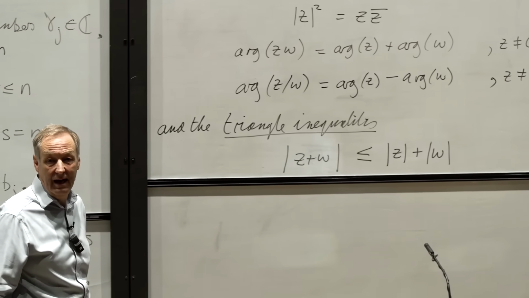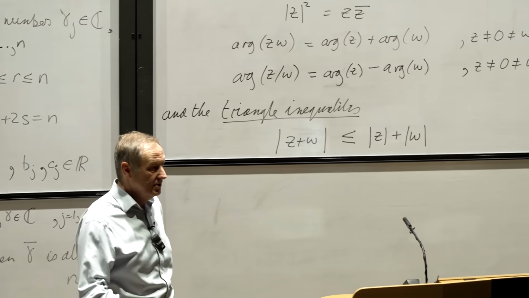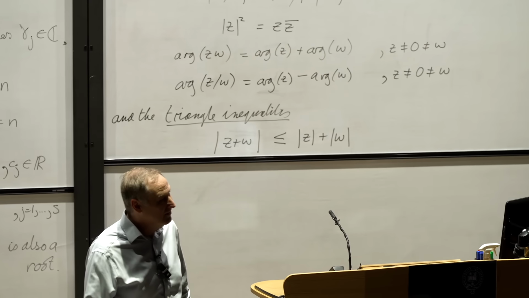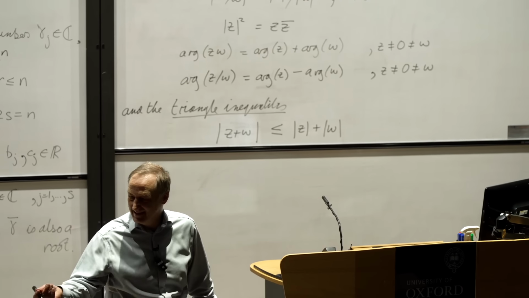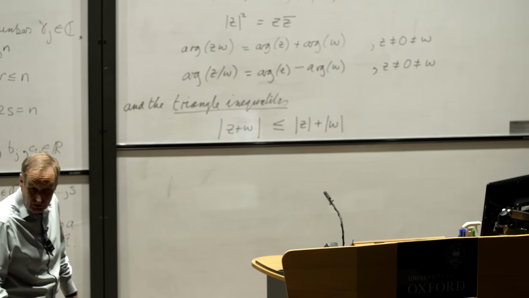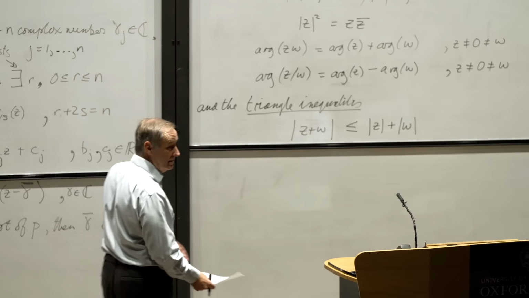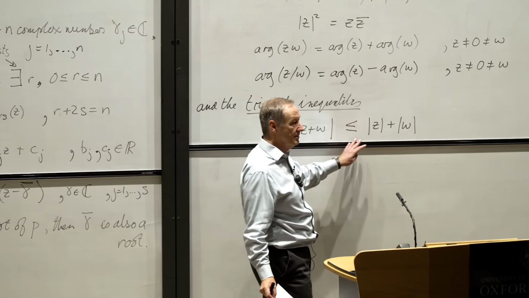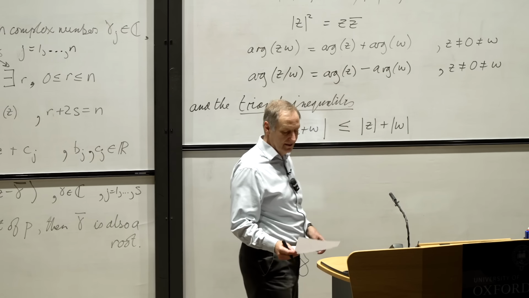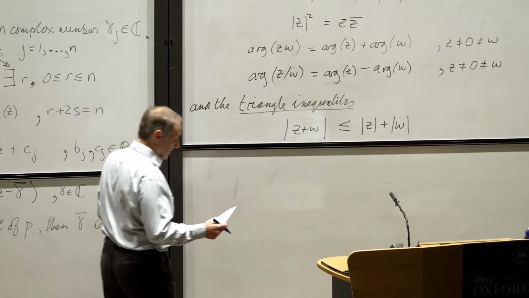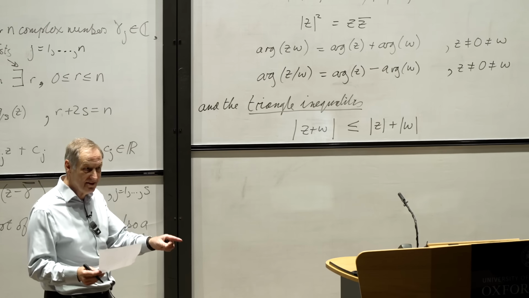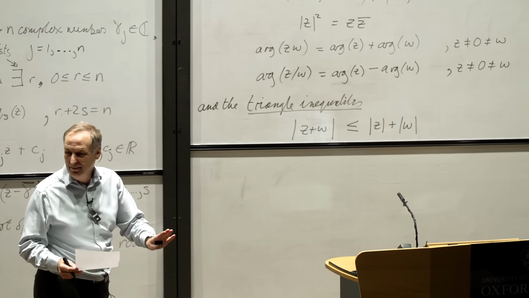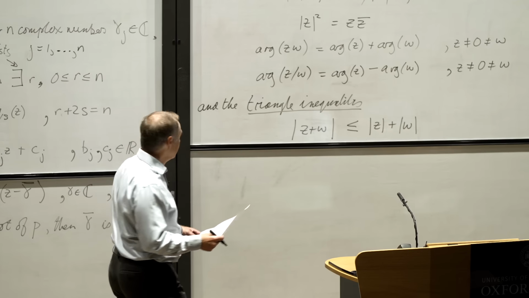You like inequalities, I know. When you're at school, you like everything to be equivalent and so on. But this is not true: z plus w is not equal to mod z plus mod w. But it's always smaller than that. This is called the triangle inequality, and you can go and persuade yourselves by drawing pictures of triangles why this might be the name given to this inequality.